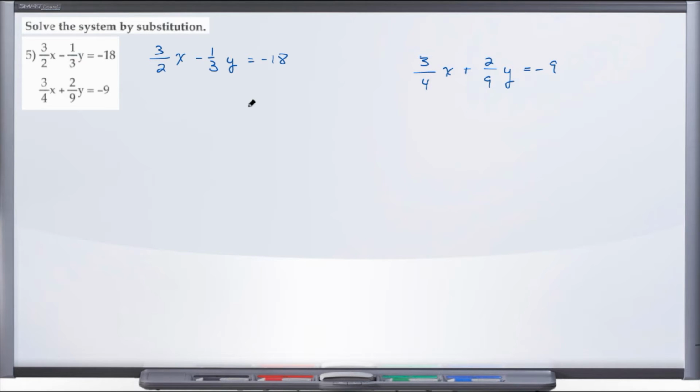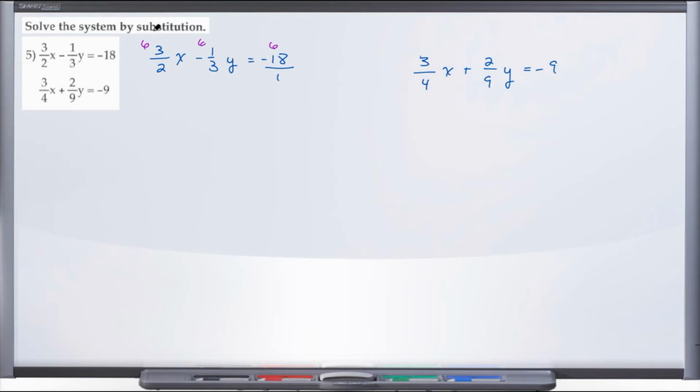Looking at the first equation, our common denominator is going to be 6. We can pretend that negative 18 is in fraction form, so negative 18 over 1, just so we can see each denominator. And what number does 2, 3, and 1 all go into evenly? Well, 6, and so that's our common denominator.